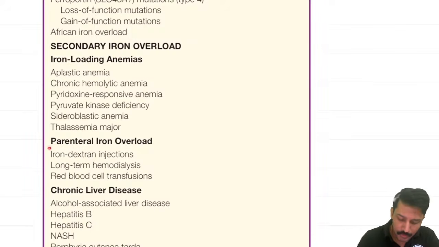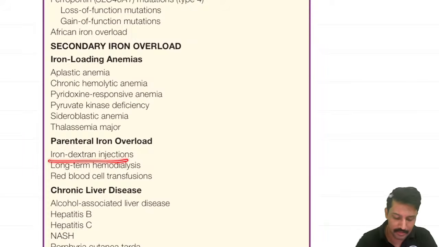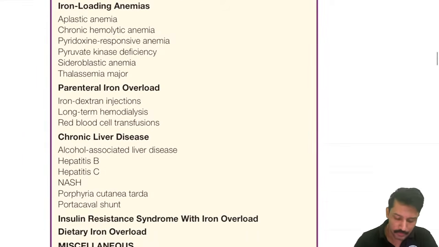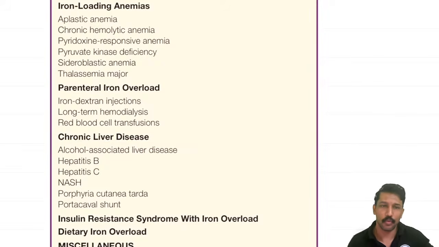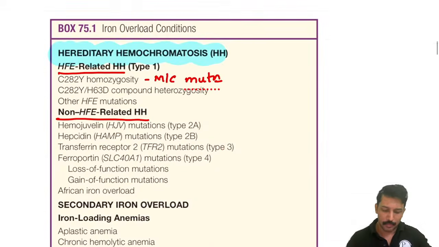Then second, it could be parenteral iron overload when we are giving treatment in the form of iron dextran injection, or patients on hemodialysis. Then even in patients with chronic liver disease, we can have secondary iron overload.